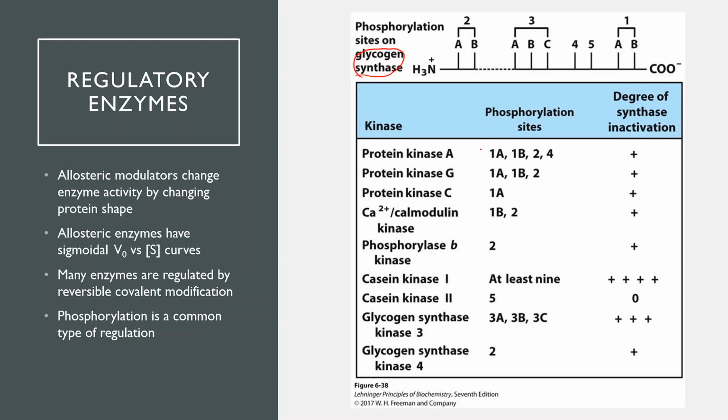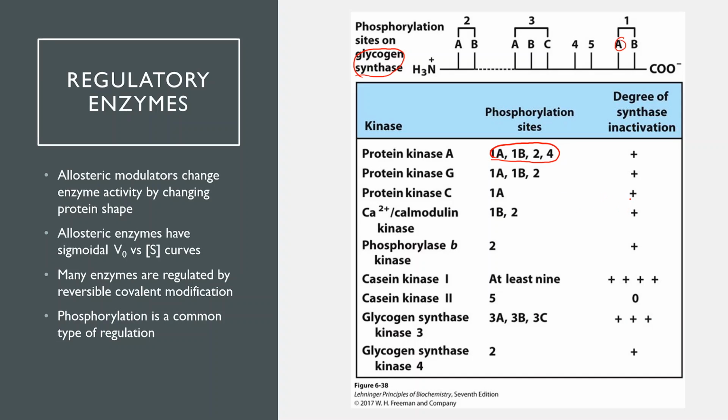So, for example, site 1A, this one here, can be phosphorylated by protein kinase A, protein kinase G, or protein kinase C. And then protein kinase A, for example, can phosphorylate at least 4 different locations on this particular enzyme. And then there are others like casein kinase, which has the ability to phosphorylate up to 9 different locations on this particular protein.